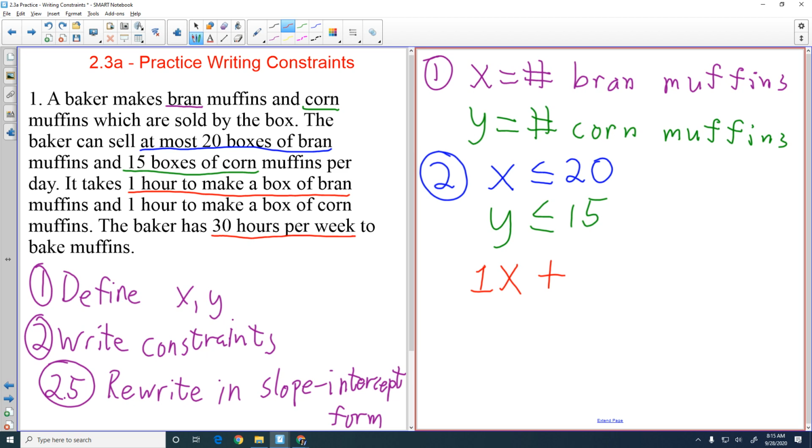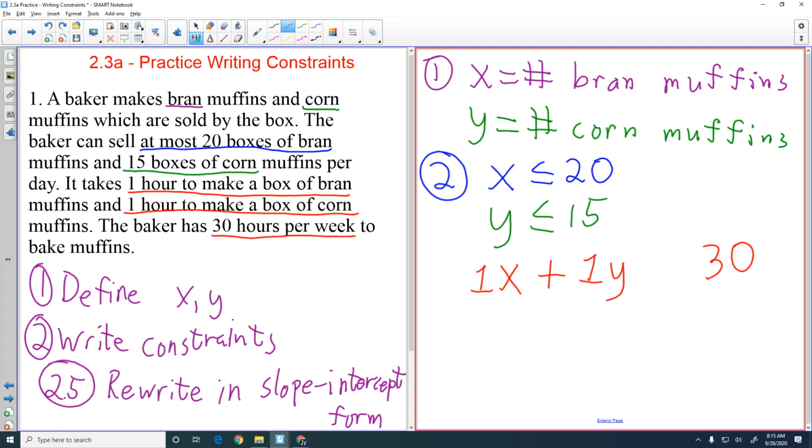Now I'm going to add the amount of time it takes to make a box of corn muffins. Well, that also happens to be 1 hour. So I'm going to write plus 1 hour per Y, 1 hour for every box of corn muffins. And when I add those two sets of hours together, I'm comparing it to his total of 30 hours.